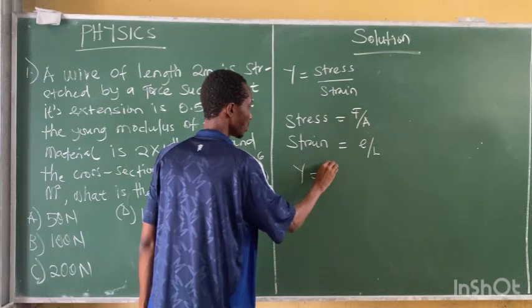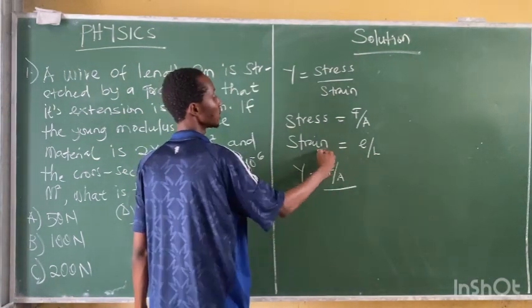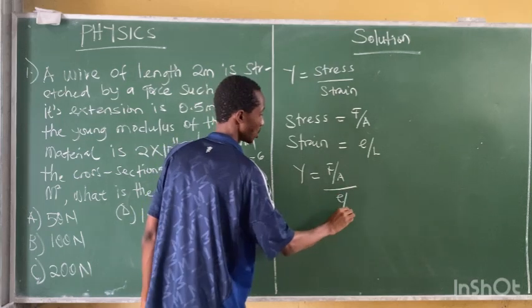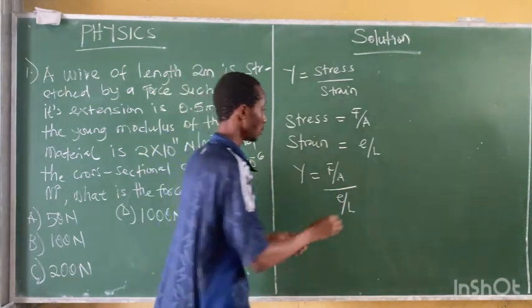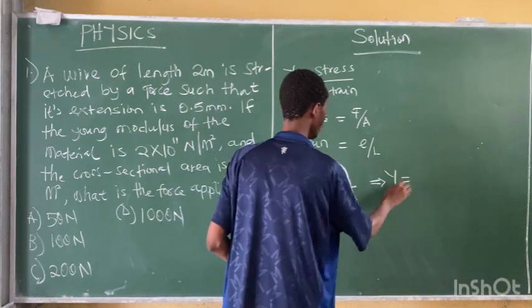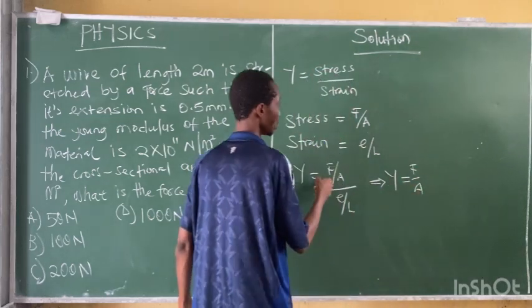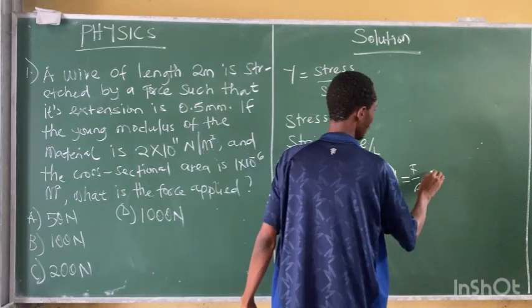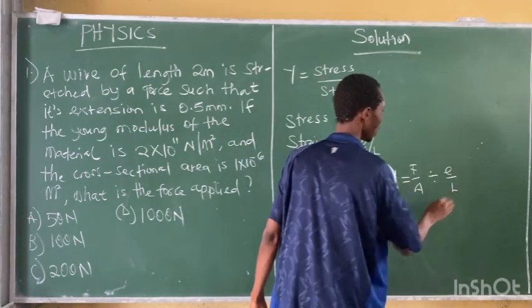Stress here is force over area, all divided by strain, which is extension over original length. We can rewrite this as Y is equal to F over A, which is the stress, divided by E over L, which is strain.